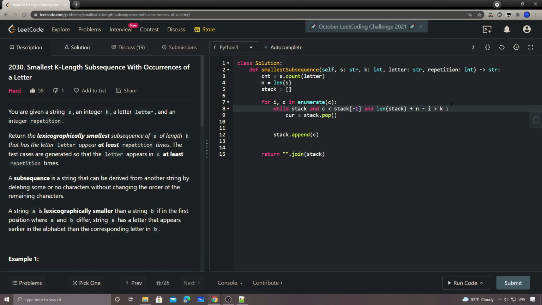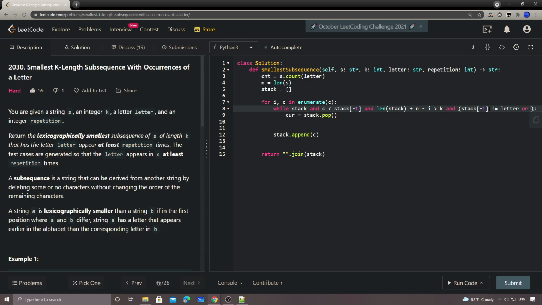The third one is that we want to make sure we have enough remaining letters to meet this repetition. So first, if the letter on the top of the stack is not equal to the letter, then we can safely pop it with no issue.